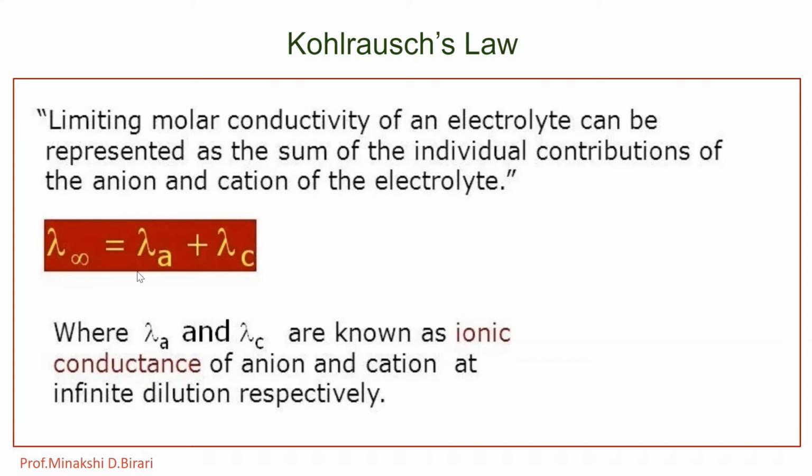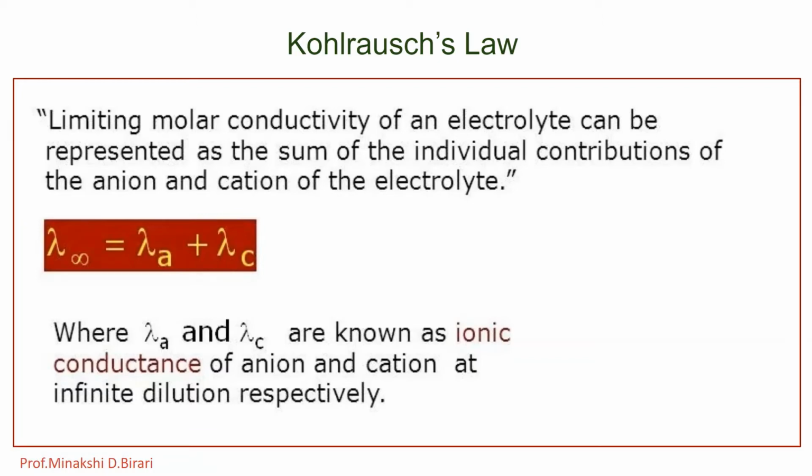So lambda 0 is equal to lambda 0 plus plus lambda 0 minus, or lambda A plus lambda C, where lambda A is the ionic conductance of the anion, and lambda C is the ionic conductance of the cation.